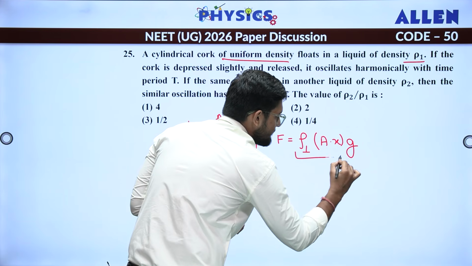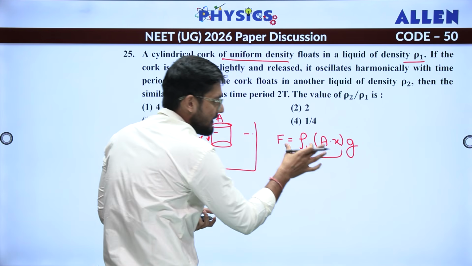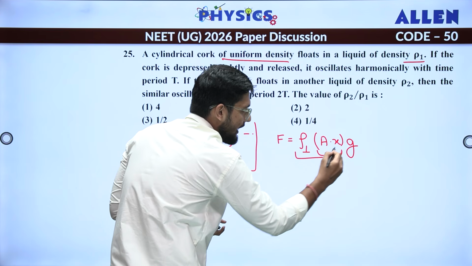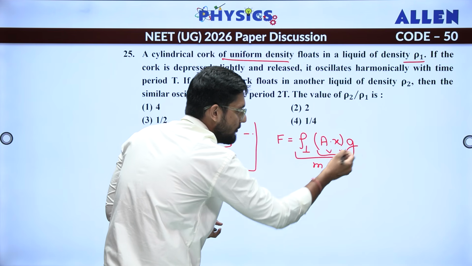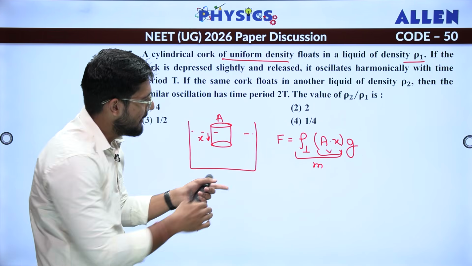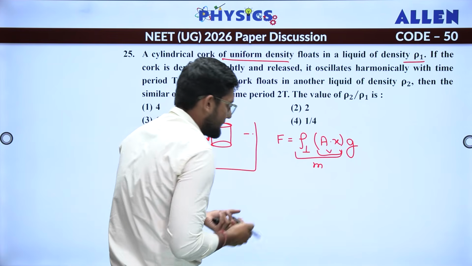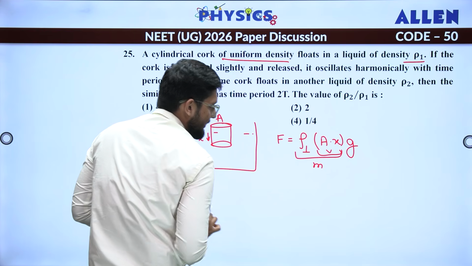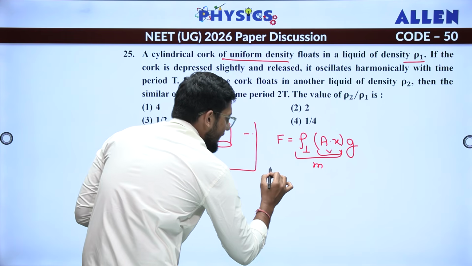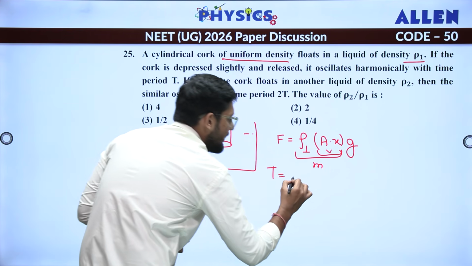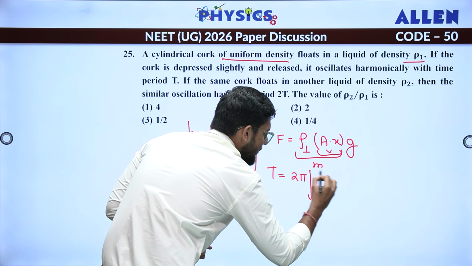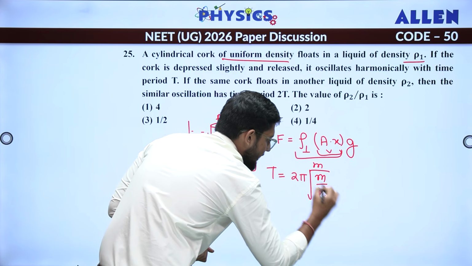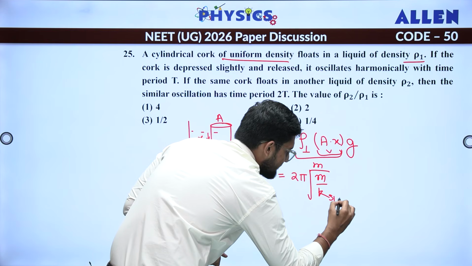This is the volume, and this is the mass, total mass, and into G. So M into G, that will be the force, correct? That will be the buoyant force. This is the very first case. So if you write down the time period in this case, it will be 2 pi under root m by k. Now this is k for SHM.